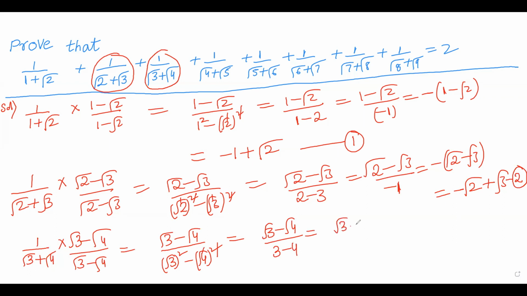Square root of 4 is 2. 3 minus 4 is minus 1. Take minus to the numerator. Open the bracket. You will get minus root 3 plus 2. This is our third term.